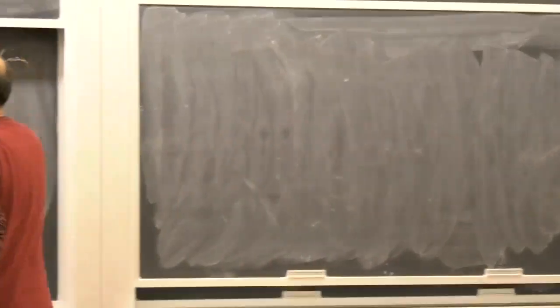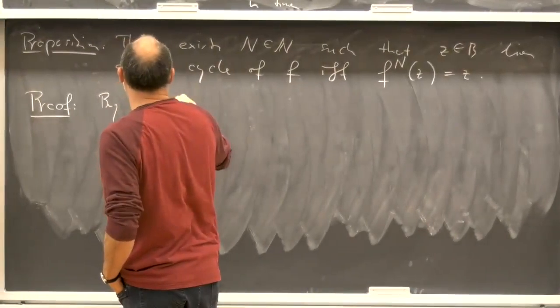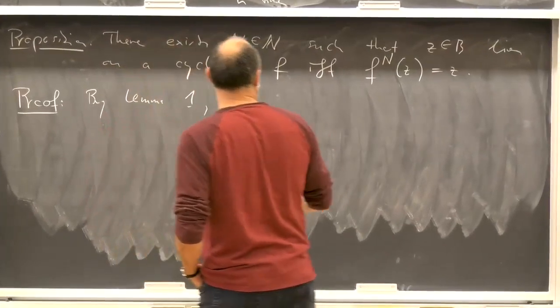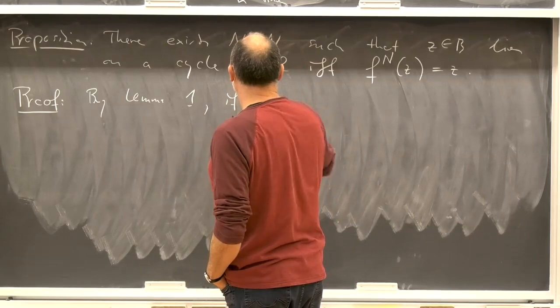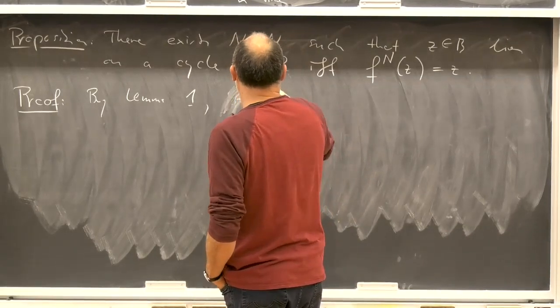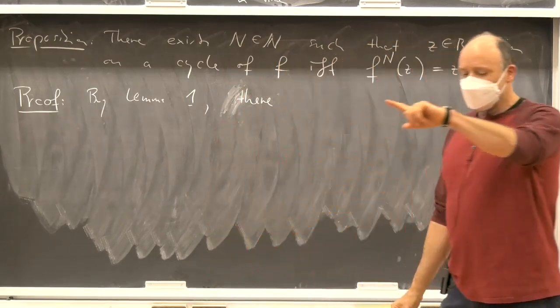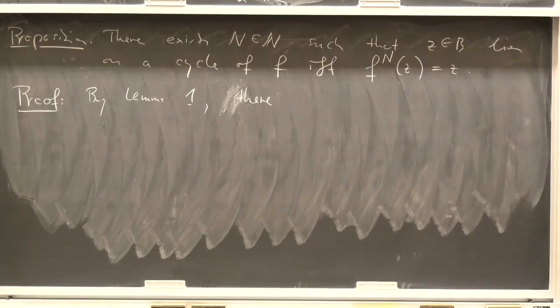So by Lemma 1, you can't map to a new point in B more times than you have elements in the decomposition C trans.